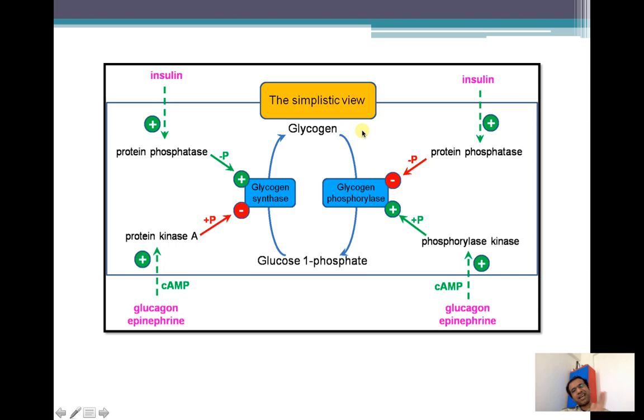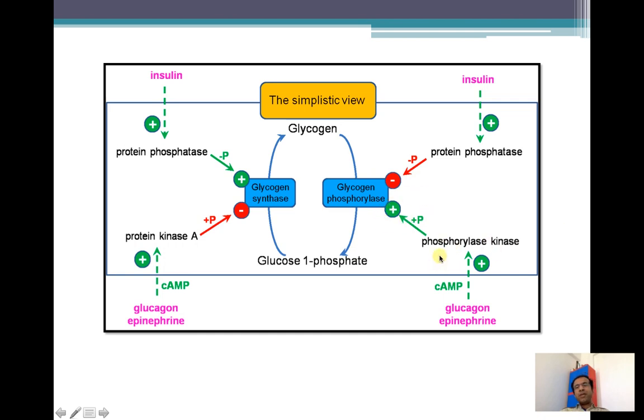So the enzyme will become inactive, and then there will be no formation of glucose 1-phosphate from glycogen. You have to see the right side of the image itself. Left side represents glycogenolysis. So that is the action of insulin. In case of glucagon and epinephrine, what will they do? They are hyperglycemic hormones. So they will stimulate the formation of glucose 1-phosphate from glycogen. So they will stimulate the glycogen phosphorylase. The active form of glycogen phosphorylase is by addition of phosphate.